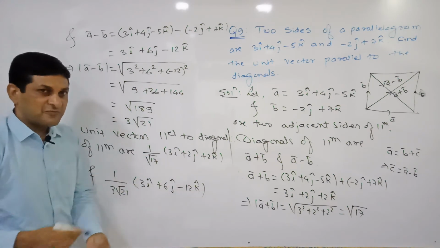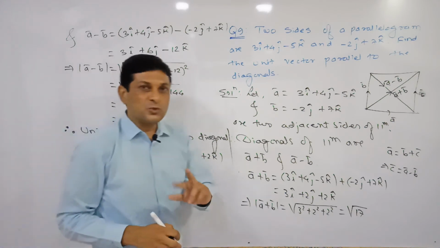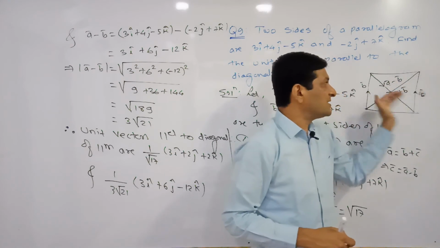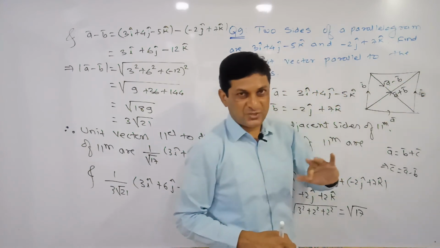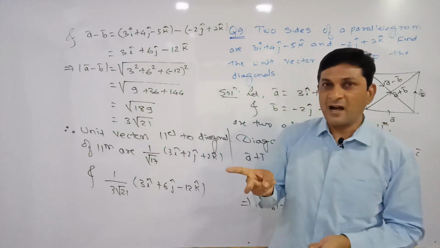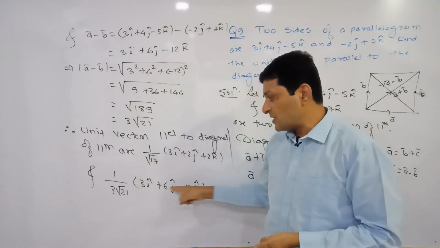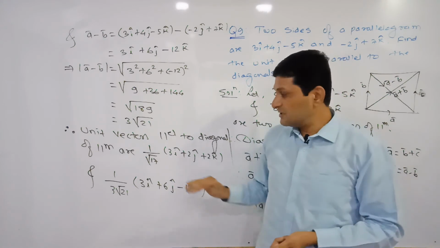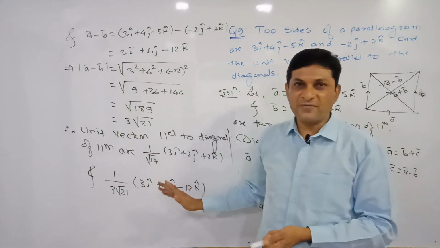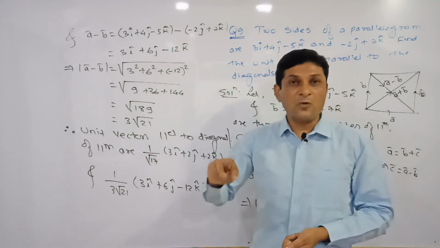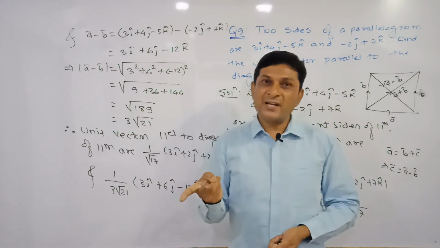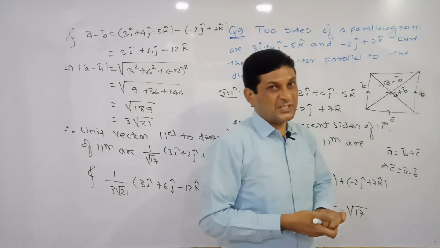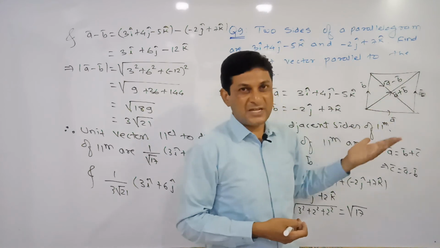Remember that whenever we are finding a unit vector, two possibilities are there. The unit vector may be in this direction or in the opposite direction. If we take the opposite direction, we multiply by minus, so the signs change. Getting it? We are finding only one unit vector, but there are two possibilities. If one unit vector is in this direction, the second unit vector may be in the opposite direction also.